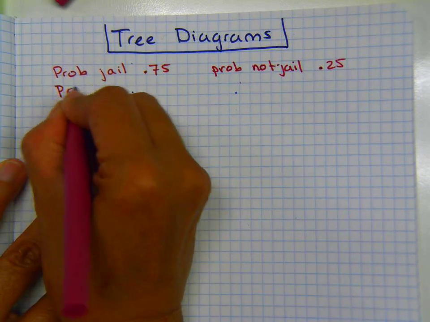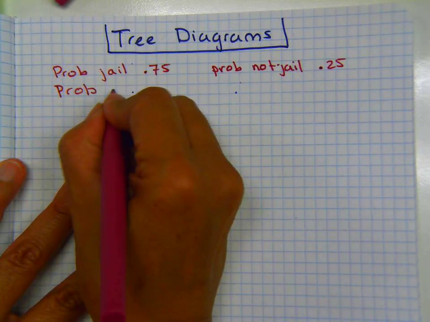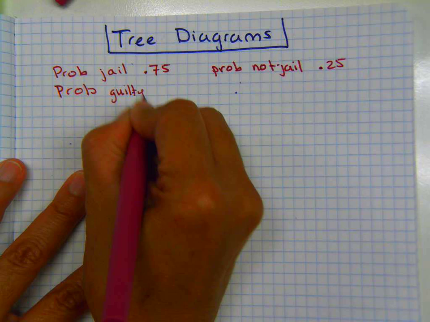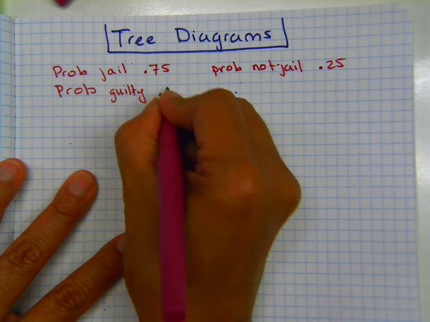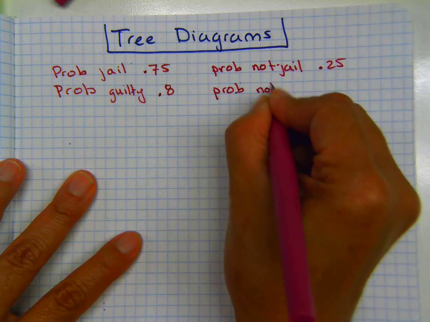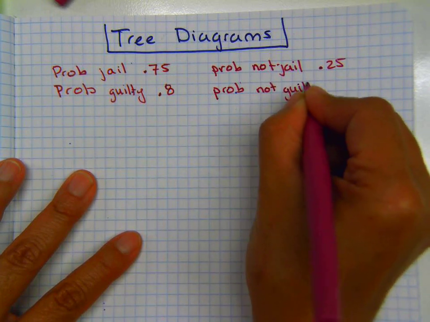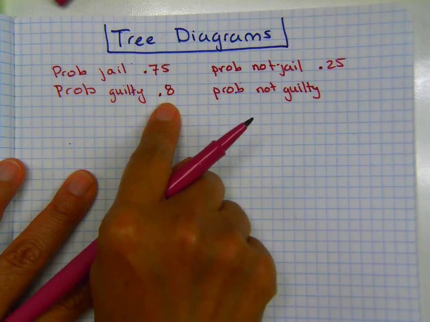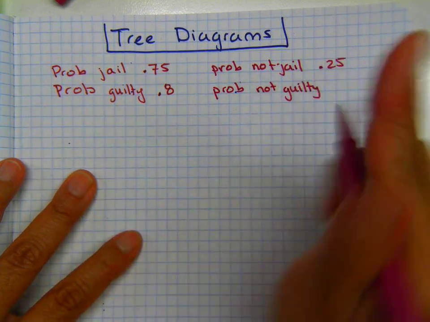And then let's say the probability that somebody is guilty is 0.8. Again, the probability that they're not guilty, it's got to add up to 1, so this has to be 0.2.